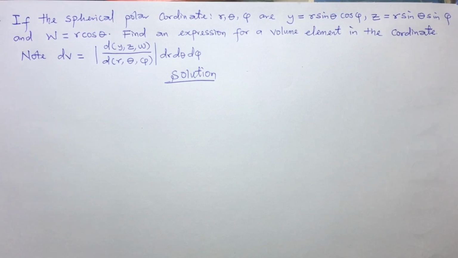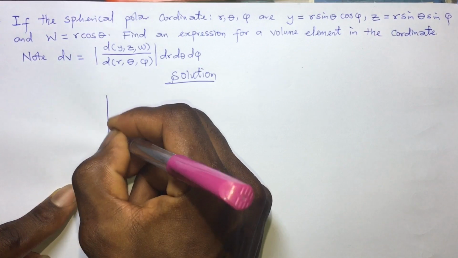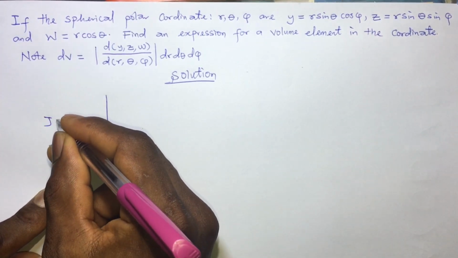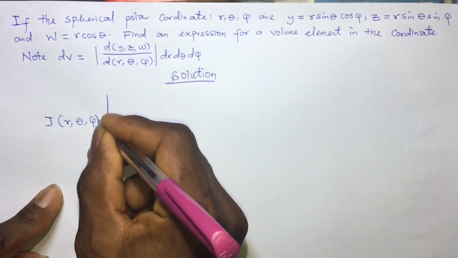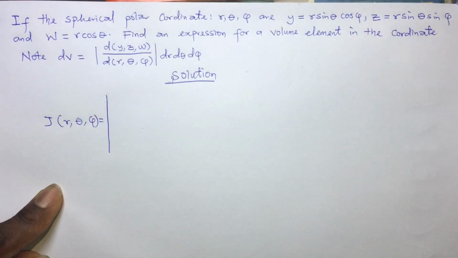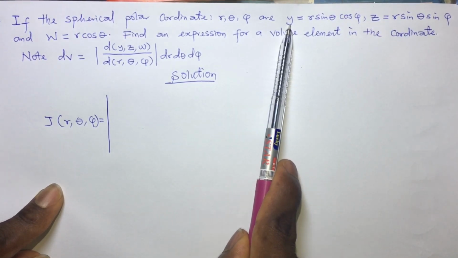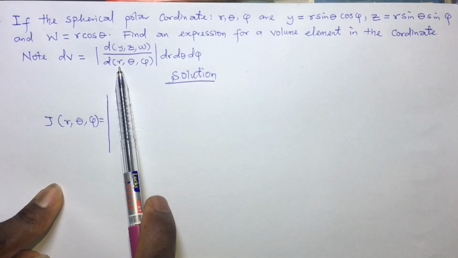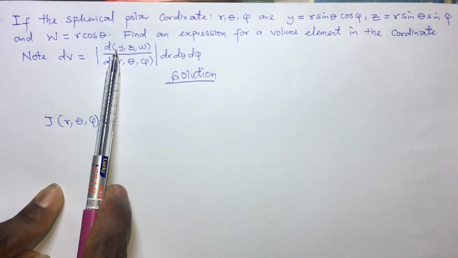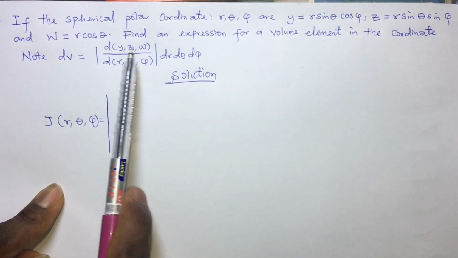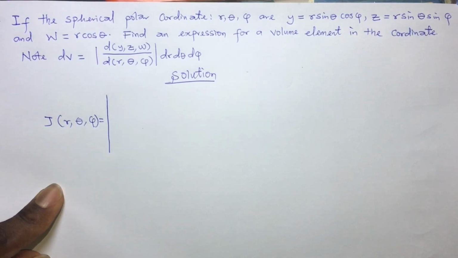First thing first, you need to represent this particular problem in form of Jacobian. So we have that J of r, theta, phi is equal to... Now you need to look for the differential of the first function y with respect to r. We look for the differential of y with respect to r, differential of y with respect to theta, differential of y with respect to phi, the same thing with other functions.